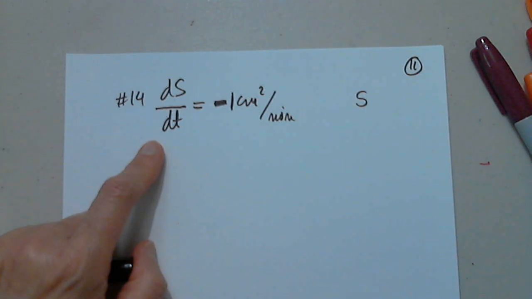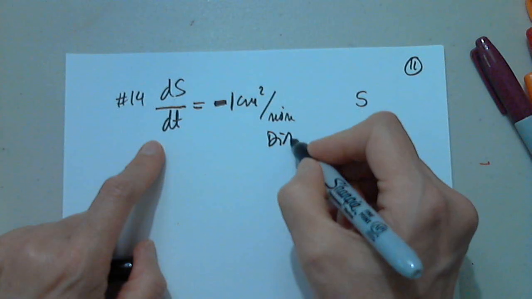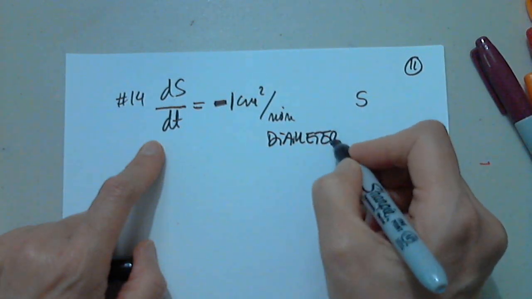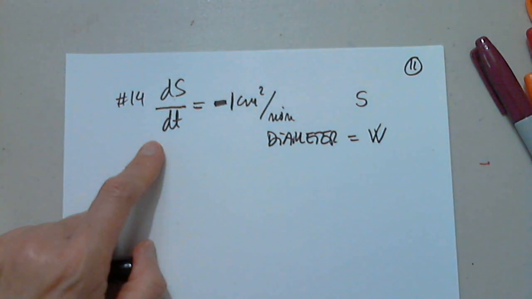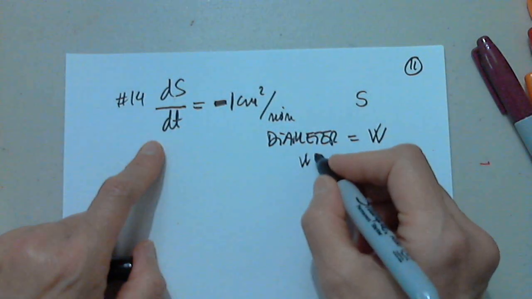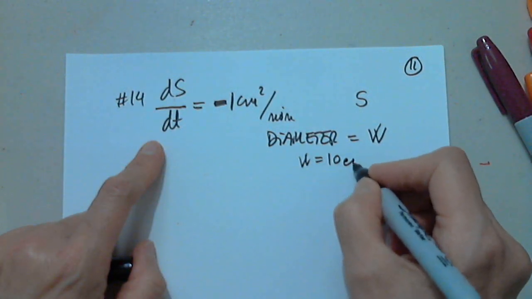Find the rate at which the diameter decreases when the diameter is 10. I don't want to use d for diameter because d is used for derivative. So I'm going to say the diameter is denoted by w. When w equals 10 centimeters.